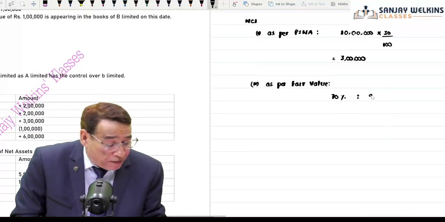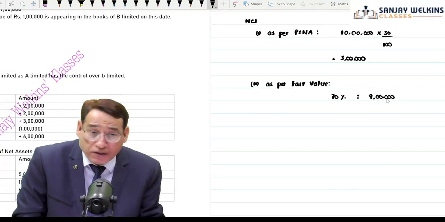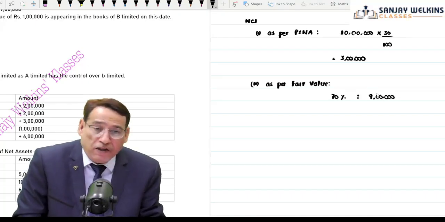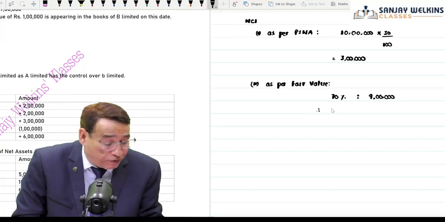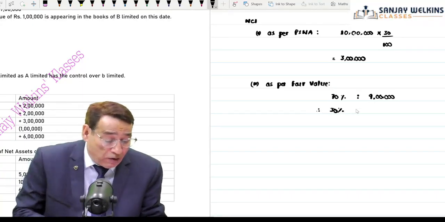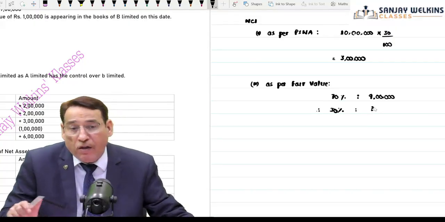We have made a payment of 9 lakh to get 70% share. So we may say the fair value of 70% is equal to 9 lakh. So therefore, fair value of 30% will be equal to this much. So this is how I am going to compute the fair value.